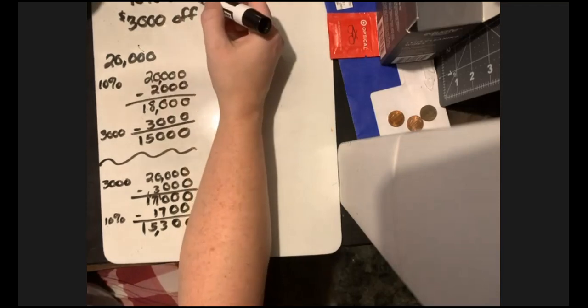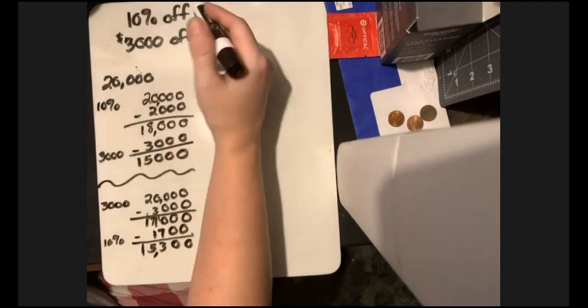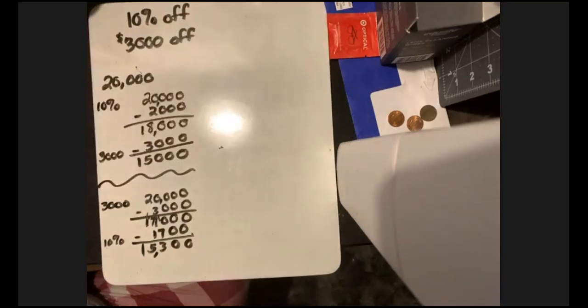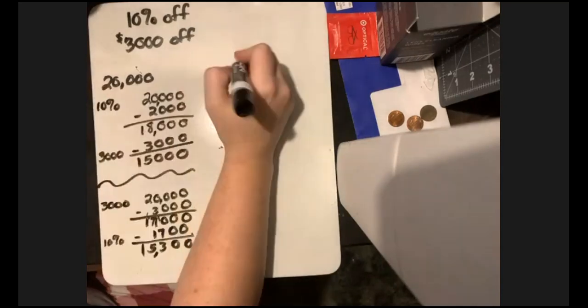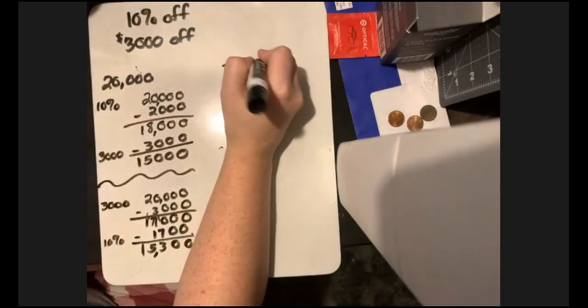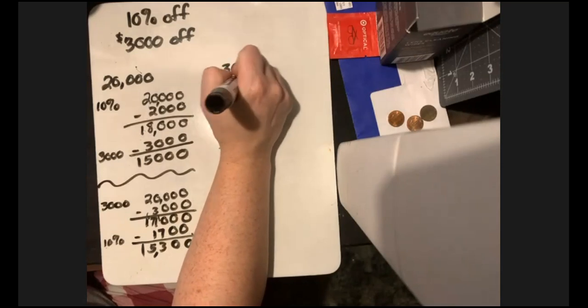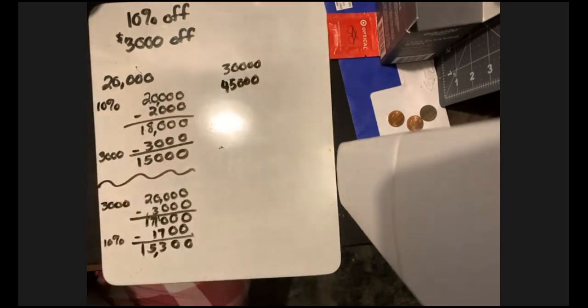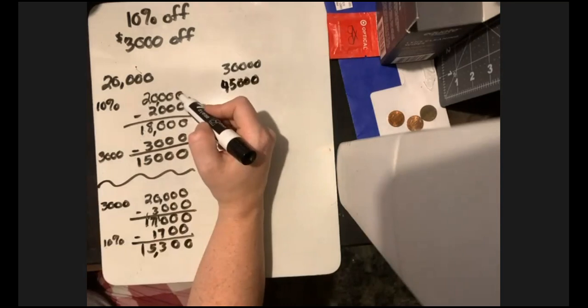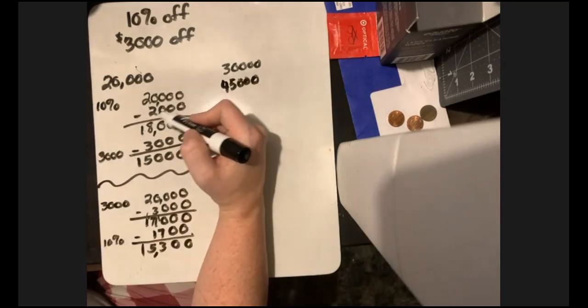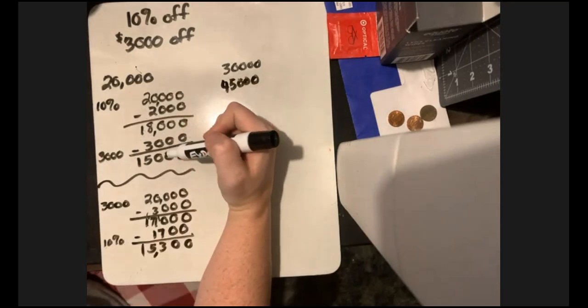But there's this idea that if these are my two discounts, what if instead of a $20,000 vehicle, I wanted to look at a $30,000 vehicle or a $45,000 vehicle or any other price? What I don't want to have to do is go through this kind of two-step process of finding the answers.